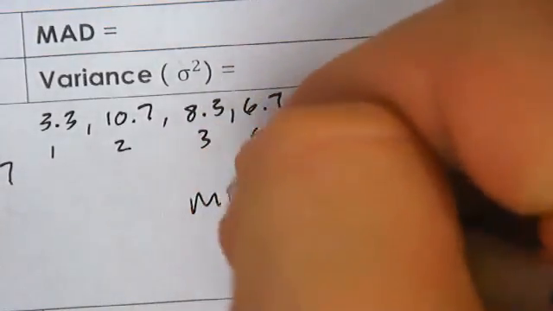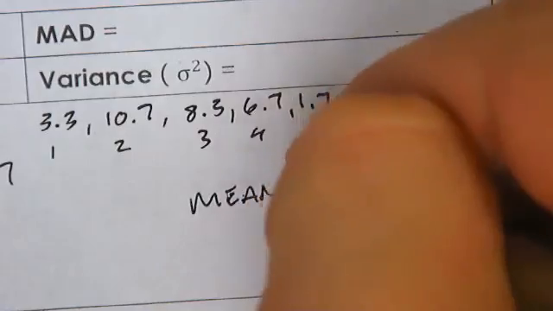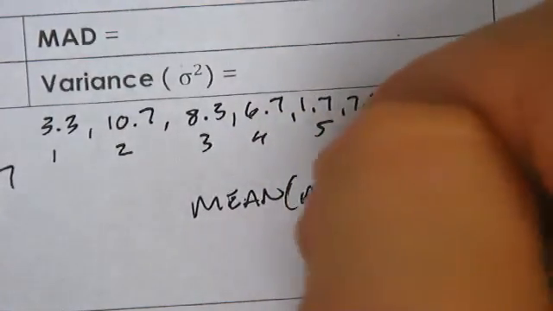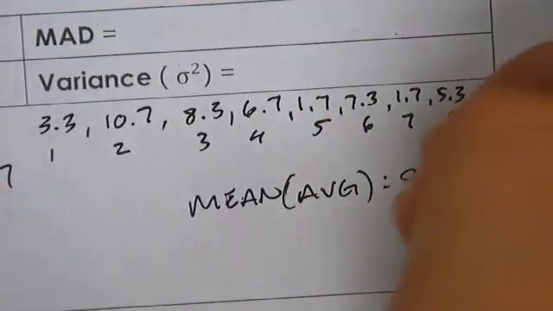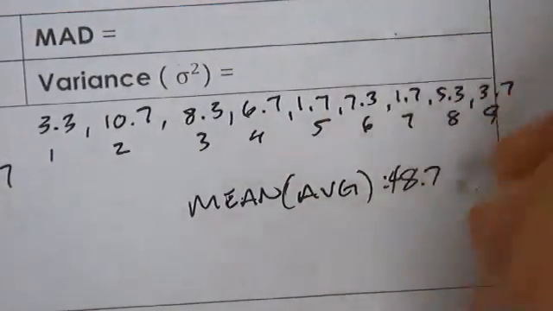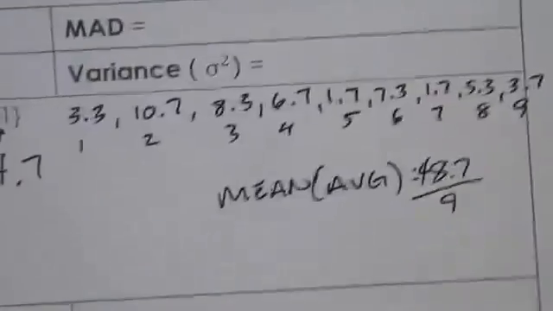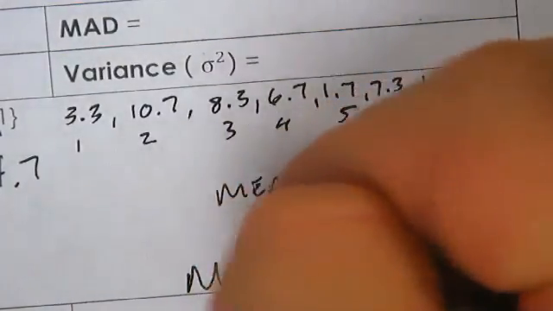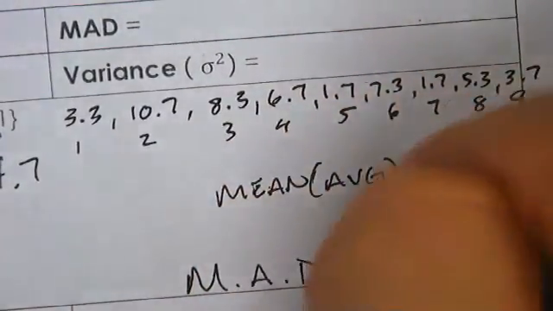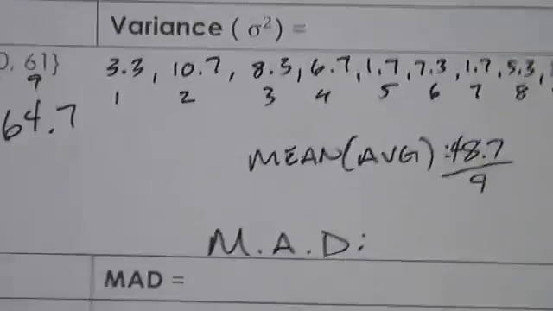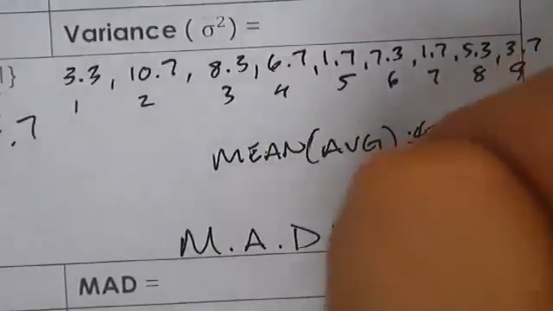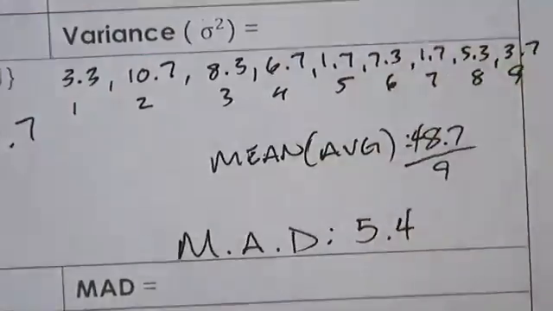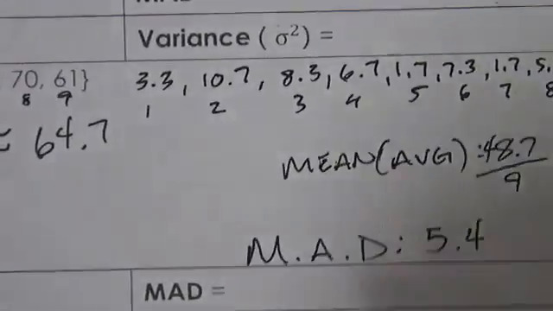So the average again is going to be 48.7 divided by 9, which is going to be our MAD. That is the answer to the question we've been asked. The MAD is 48.7 divided by 9, which is 5.4. So roughly 5.4.